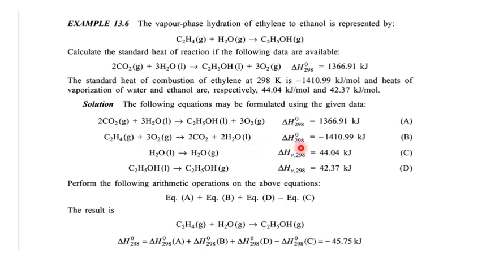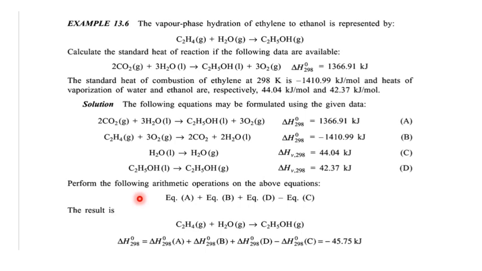It is given as delta H0 equal to minus 1410.99 kilojoule. The next one is the heat of vaporization of water, that is H2O liquid changes to H2O gas, and C2H5OH liquid changes to C2H5OH gas, and the delta HV equal to 44.04 kilojoule and 42.37 kilojoule.